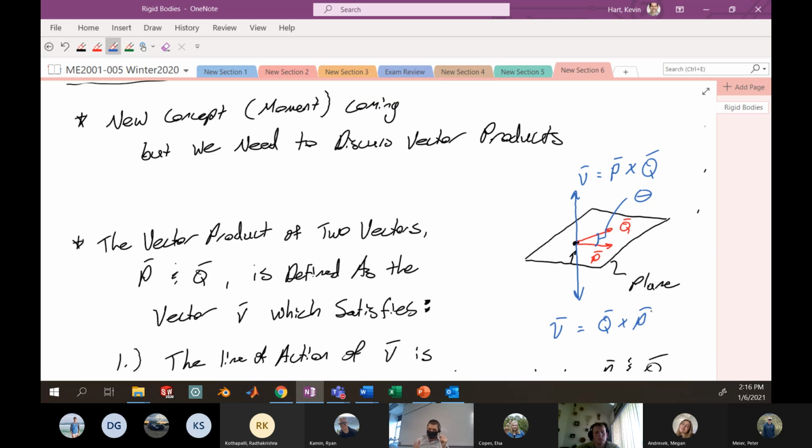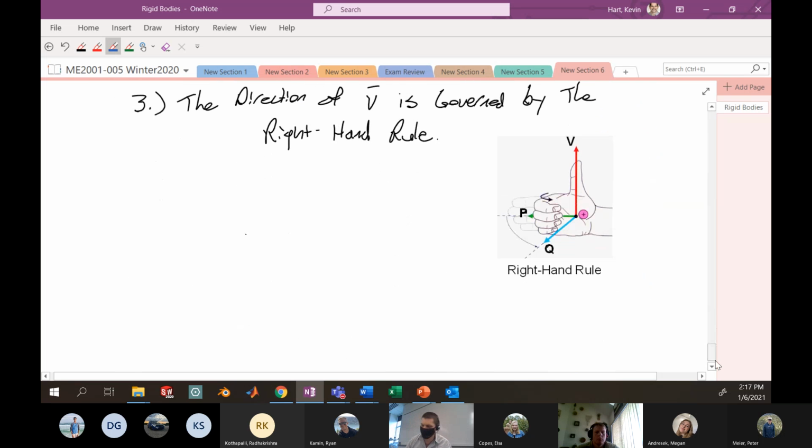If I stuck my right hand in the direction of Q and then curled my fingers in the direction of P, my thumb would be pointing downwards. So the resulting direction of V in this situation is downward. This is an important distinction for the cross product. It's a little bit strange to understand, and maybe you don't have a concept of how this is related to moments quite yet, but I promise you that we will get there.